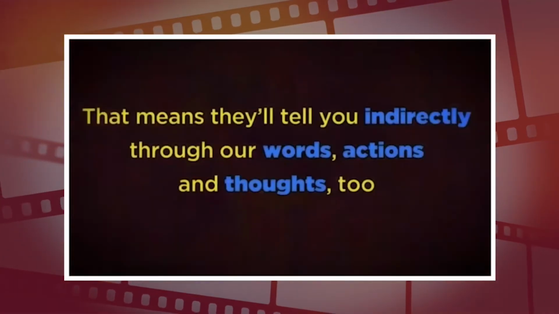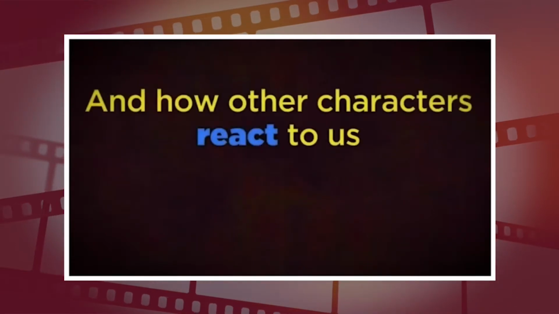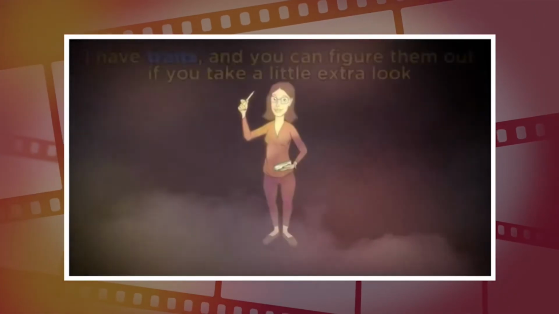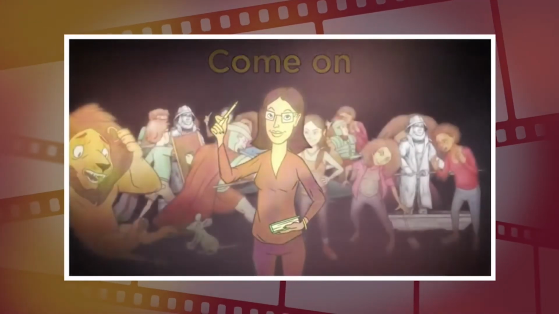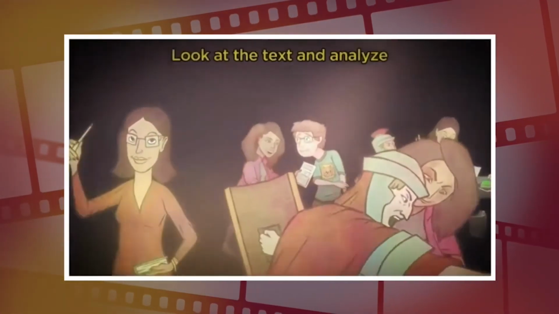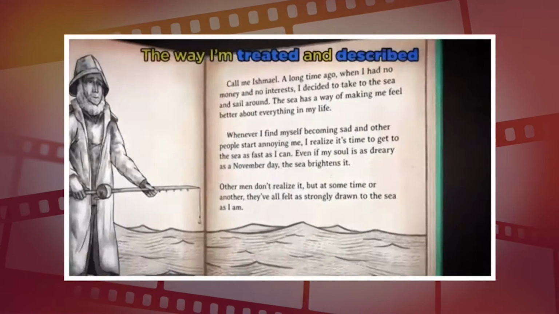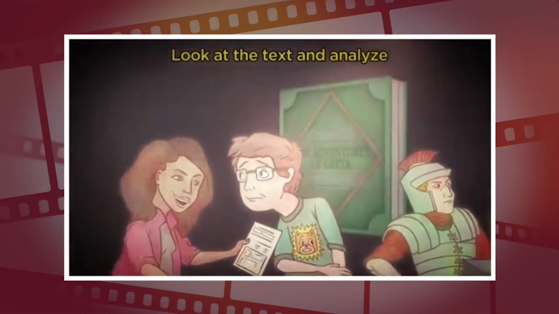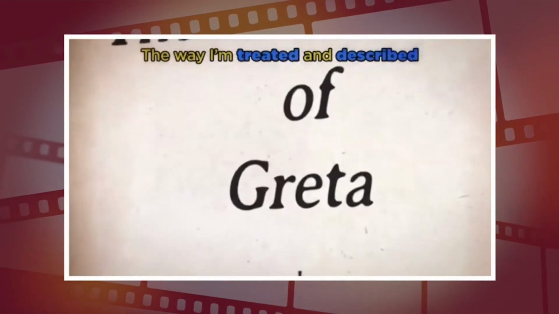That means they'll tell you indirectly through our words, actions, and thoughts too. And how other characters react to us. Make inferences based on everything above. I'm just a character, I'm in a book. I have traits, and you can figure them out if you take a little extra look. Come on! I'm a character, and if you wanna know my traits, look at the text and analyze what I think, what I do, what I feel, what I say, the way I'm treated today and described. I'm a character, and if you wanna know my traits, look at the text and analyze what I think, what I do, what I feel, what I say, the way I'm treated today and described.